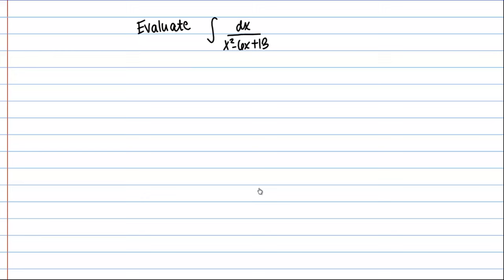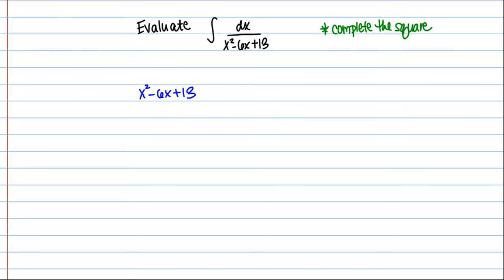And what we're actually going to do is we are going to complete the square in the denominator. So it's probably been a while since you've completed a square, but this is a really, really useful skill. So completing the square is just a way to rewrite a quadratic.